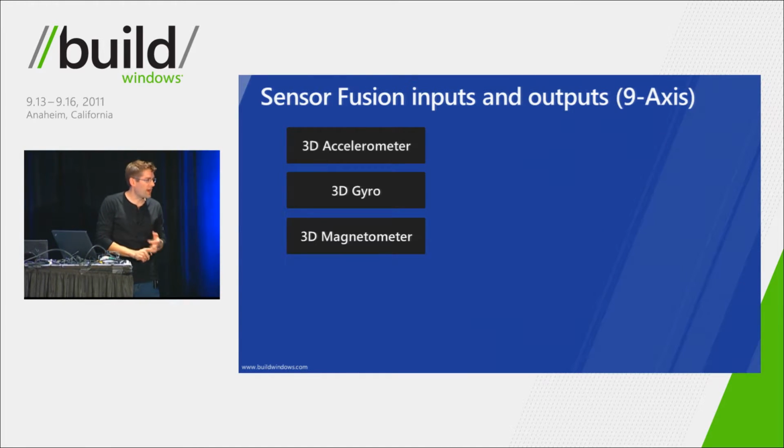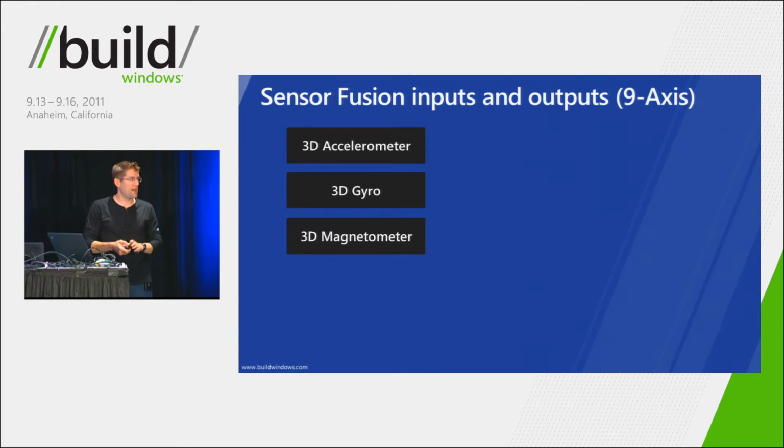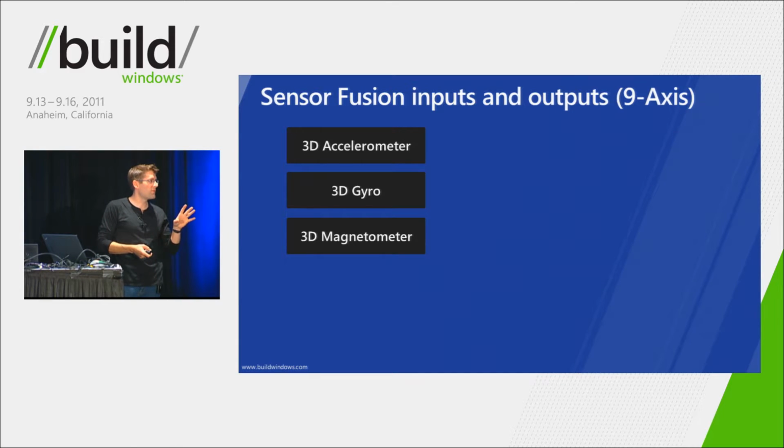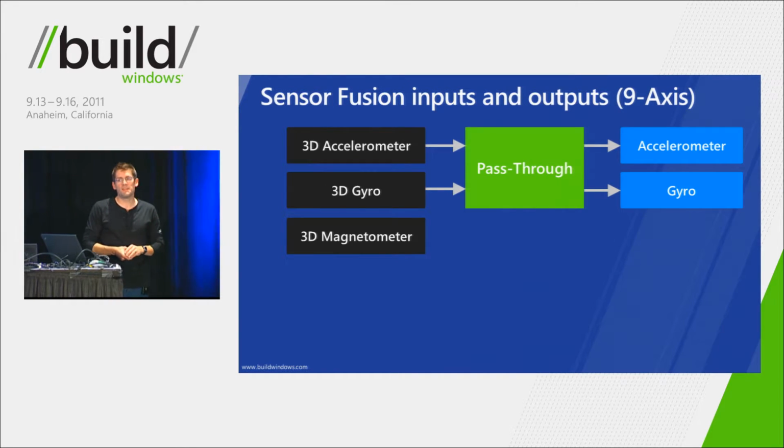We've got the 3D gyro that measures our rotational speeds around the X, Y, and Z axes of the device. And then we've got the magnetometer that measures magnetic field strengths along these 3 axes. In some cases, the data is merely passed through. So the accelerometer and gyro sensors are essentially the raw data coming right off the sensor.